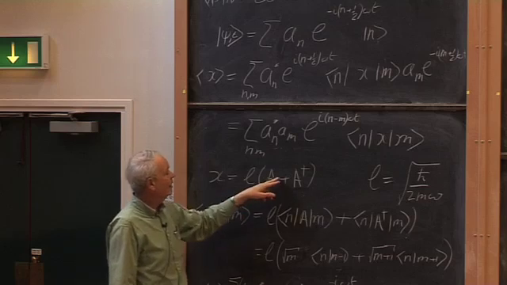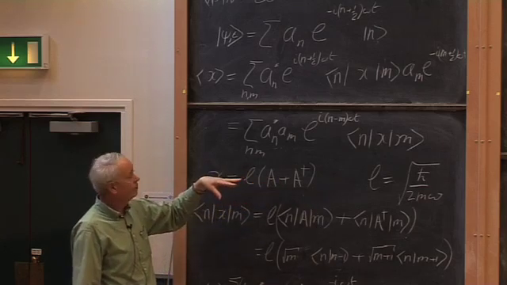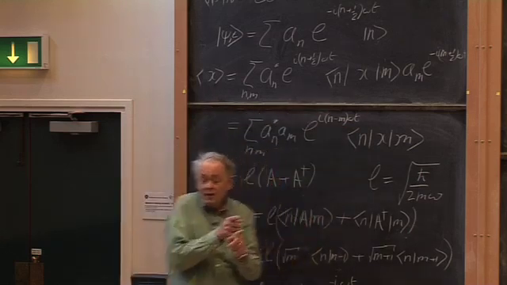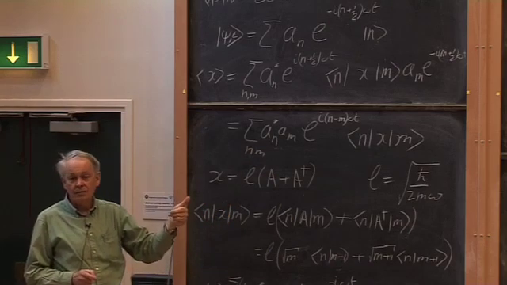You only get something if the states on either side differ in energy by 1 unit of excitation. So our result all arose from interference between states which differ in energy by one excitation.